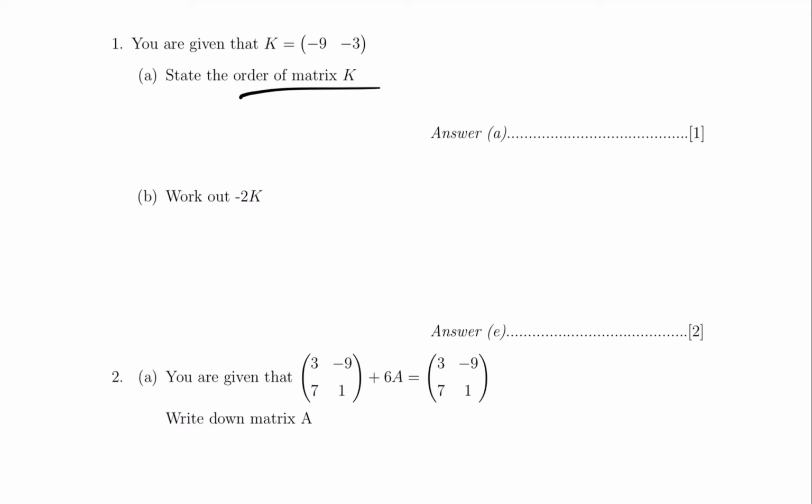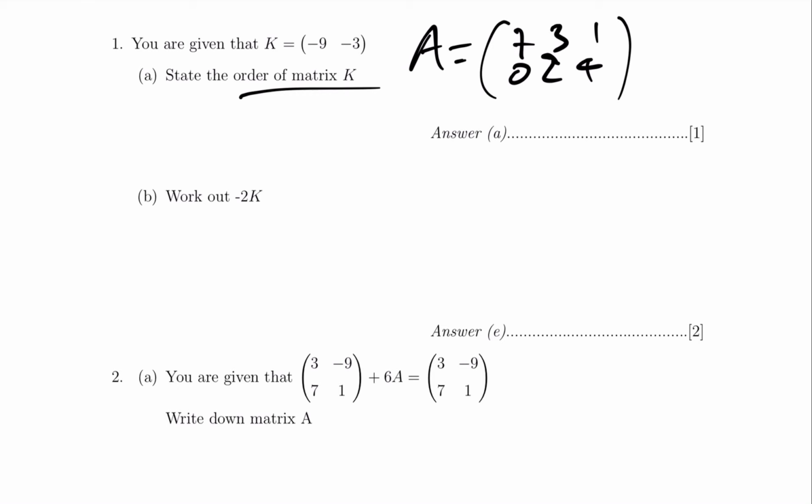By the way, we said the order of the matrix is the size of the matrix, meaning the number of rows against the number of columns. If we're given a matrix A like this, maybe 7, 3, 1, 0, 2, 2, 4, we find the order by counting the number of rows against the number of columns.